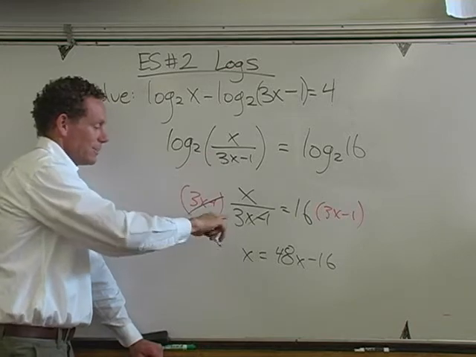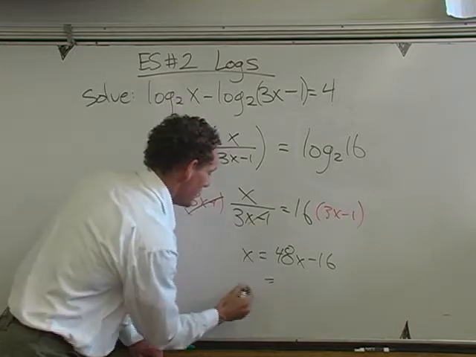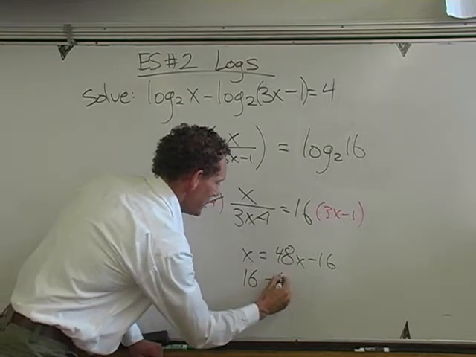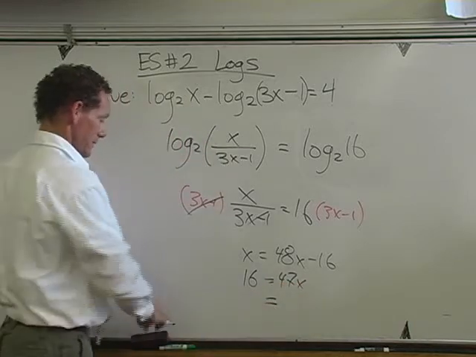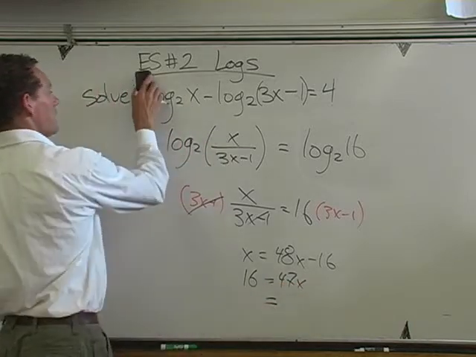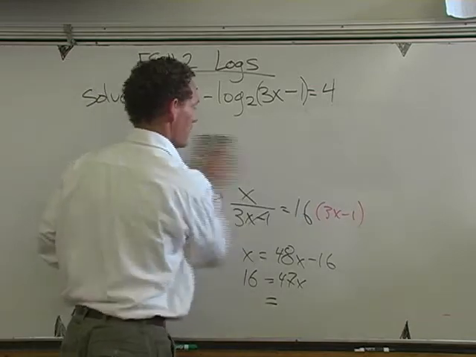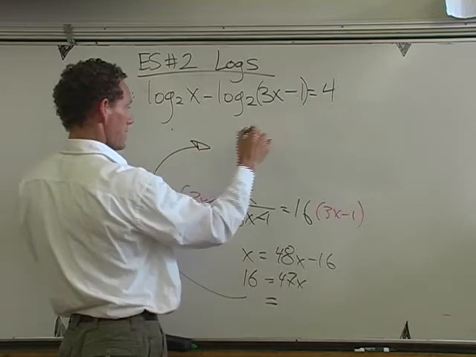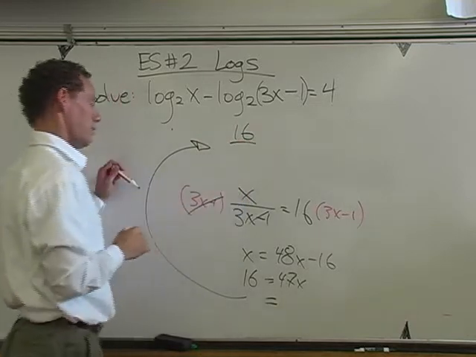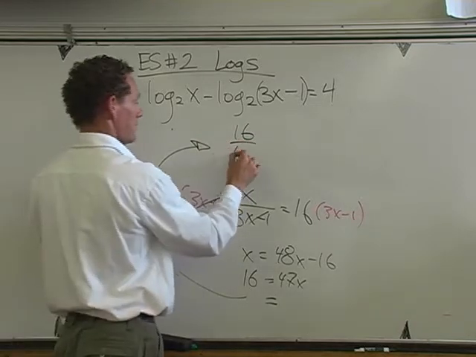Add 16, subtract x. 16 equals 47x, and we would end up with x is 16 over 47.